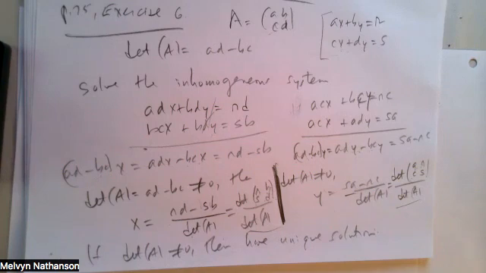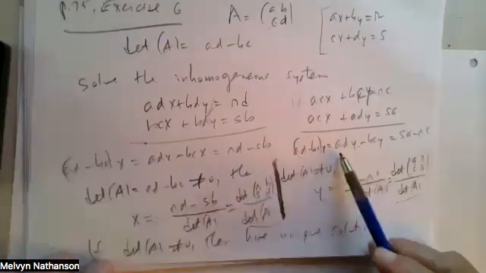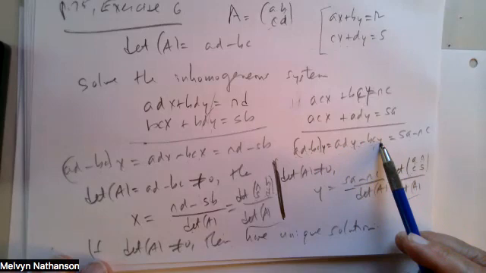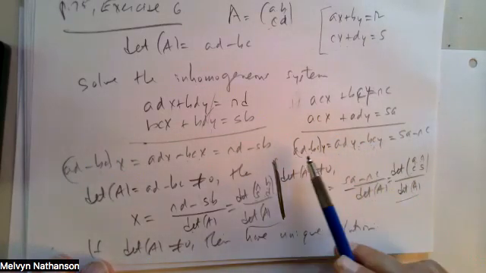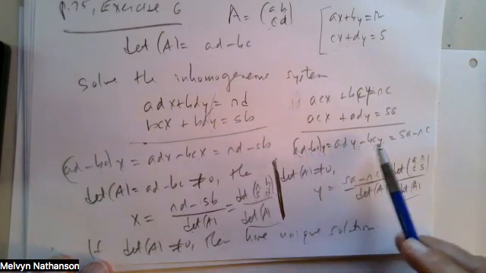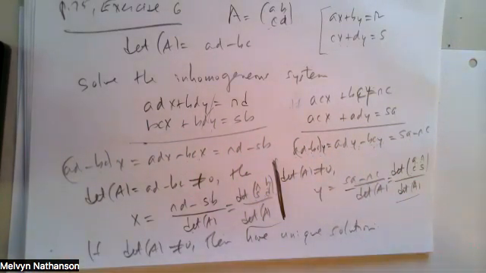I have a question. On the right-hand side, the ADY minus BCY, that cancels out and leaves you with... Well, it doesn't cancel out, but you can factor out the Y. If you factor out the Y, you get AD minus BC times Y, right?